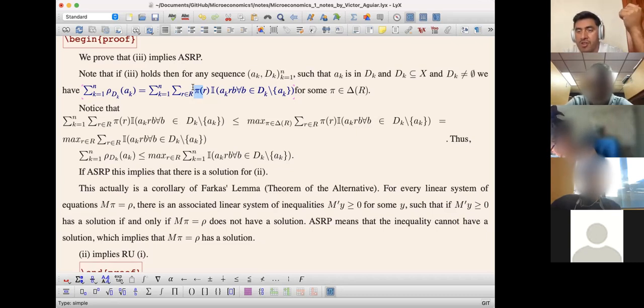So remember in Afriat's theorem how we got rid of the utility function, of the gradient of the utility? This has the same spirit, right? So I want to get rid of pi. How do I get rid of pi? By maximizing over all possible pi's, okay? They don't have any restriction. They don't have to reproduce the data. I'm just maximizing over the whole universe of pi's, okay? The whole thing.